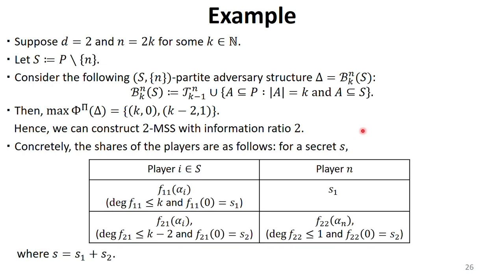More concretely, we show the shares of the players as follows. So for a secret S, we first divide it into S1 and S2, and S1 is shared among the players in S via a polynomial of degree at most k, and the player N receives S1.